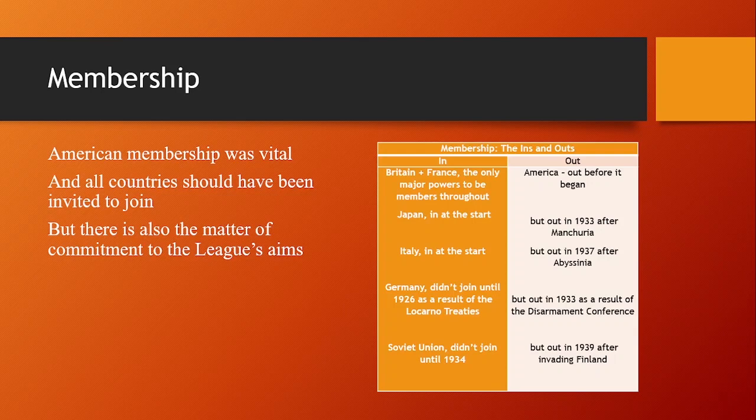As we've noted, France occupied the Ruhr in 1923, whereas Britain would go on to appease Hitler. And the 2 countries had very different approaches to the disarmament conference. But what's more, the key aggressors, Japan, Italy, Germany and Russia, all left the League as permanent members of the Council when it stood up to them or didn't give them exactly what they wanted.